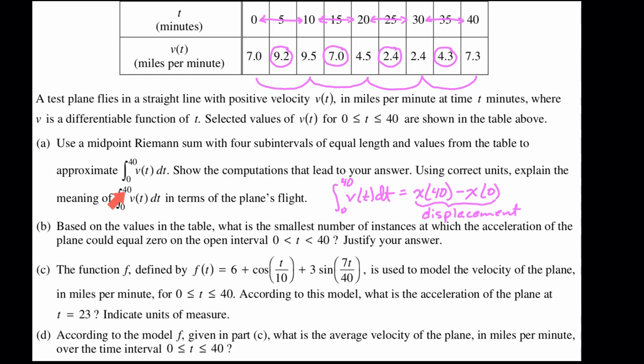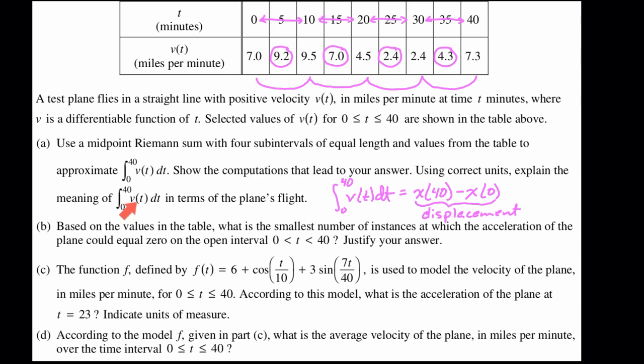Now, because the plane is flying in only one direction, this is not only displacement or change in position, but this is also the distance traveled in miles by the airplane between t equals 0 and t equals 40 minutes. Now, we are only able to say that because the velocity is always positive and you're increasing.